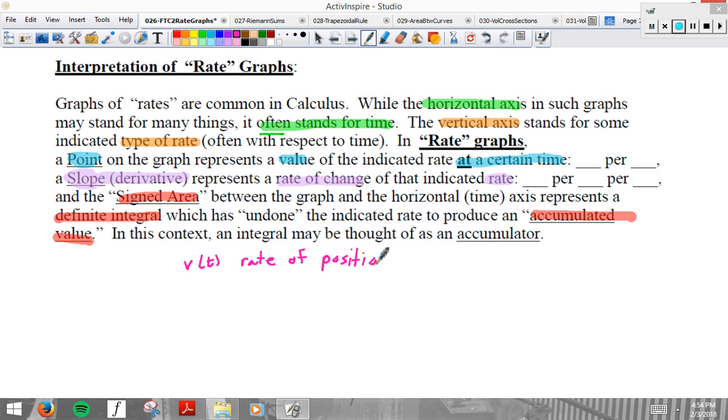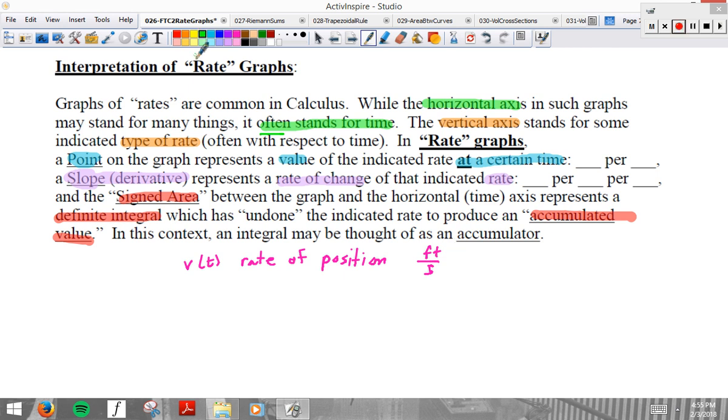So the position is changing over time, feet per second. And you've already done this in many examples where we would give you a velocity graph and ask you what a point on that graph represents. Well, it would represent that the velocity at such and such time is 50 feet per second.